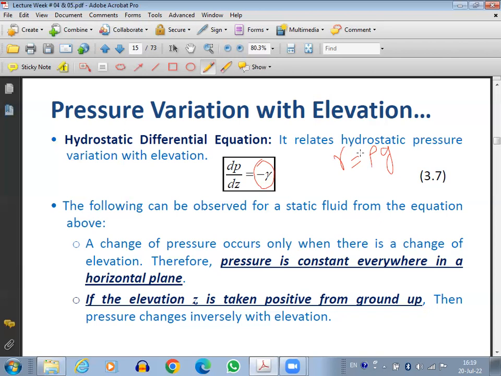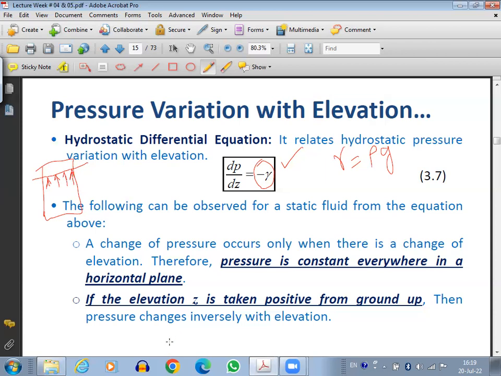So this equation is very significant here, and it gives us some valuable information. First of all, pressure varies with elevation only. So if I have a container of fluid, the pressure at the same elevation will be the same. So the pressure here would be the same as the pressure here, the same as here, the same as here.